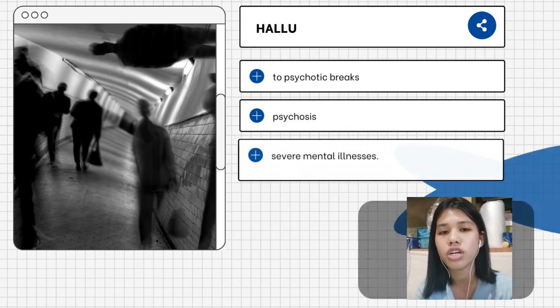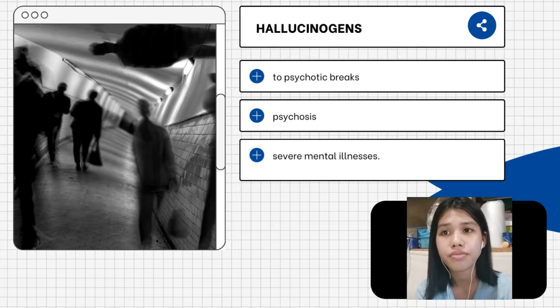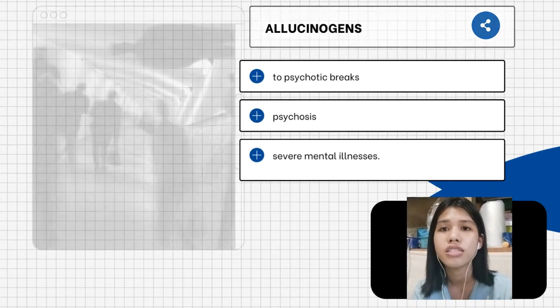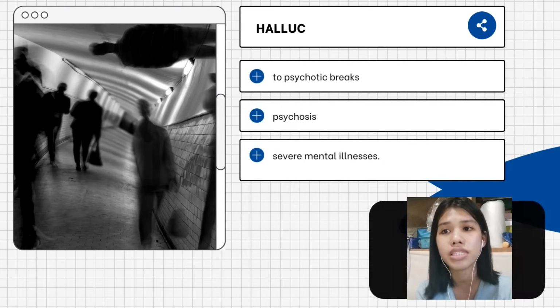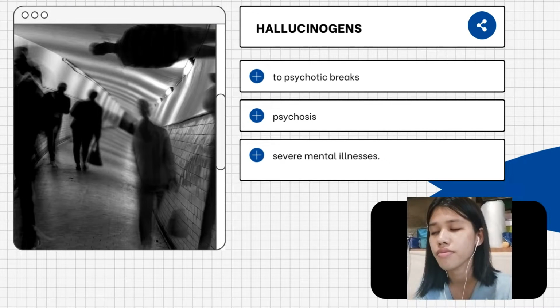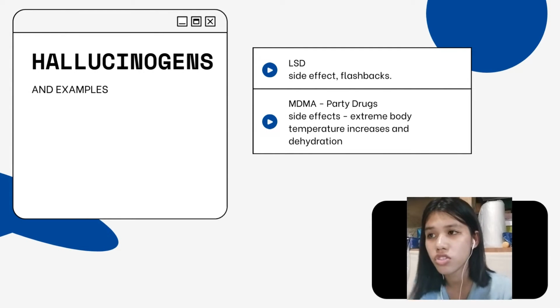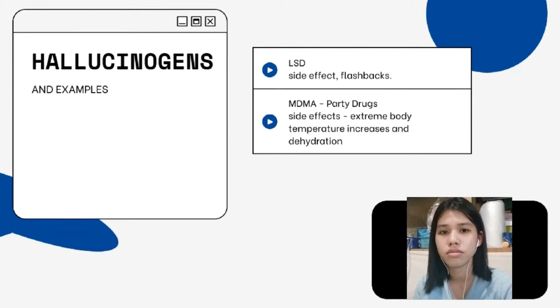Hallucinogens cause the drug user to hallucinate. Although this type of drug is not deadly, if you use them frequently, it can lead to psychotic breaks, psychosis, and other severe mental illnesses. Here are the examples of the hallucinogens. LSD.